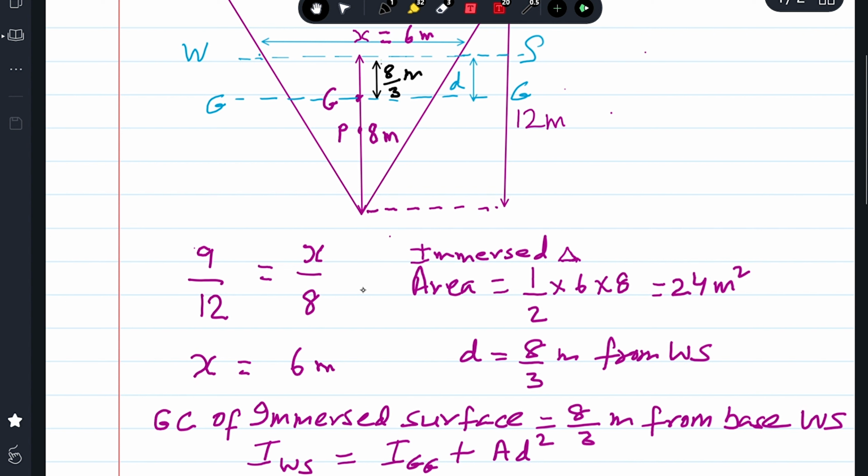And what is the depth of the centroid of this bulkhead below the water surface? One third of the height from the base. Height is 8 meters, so 8 by 3 meters from the water surface.